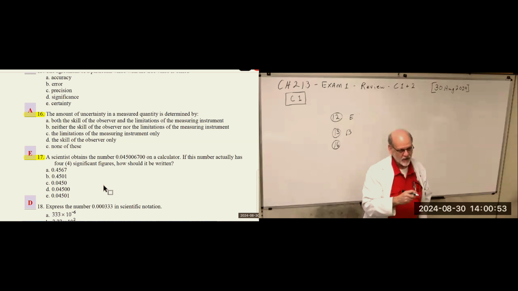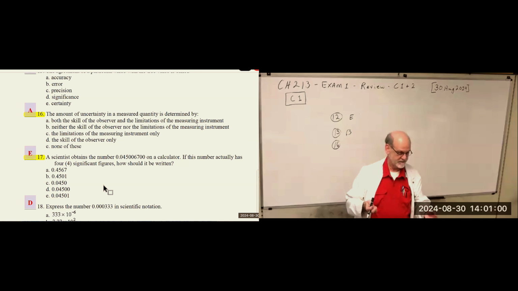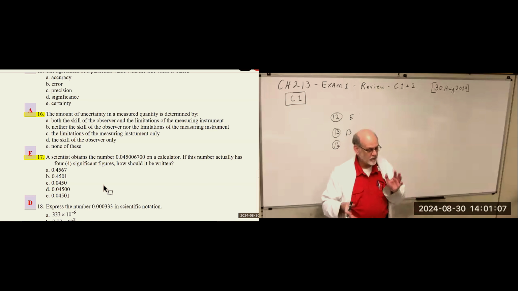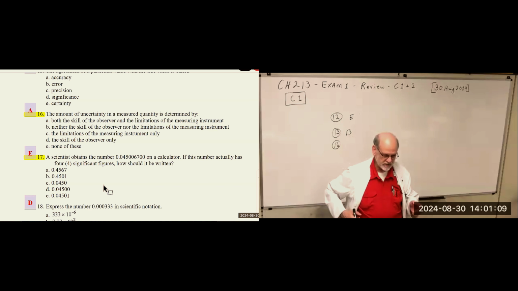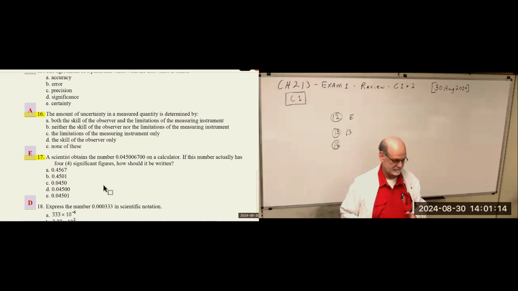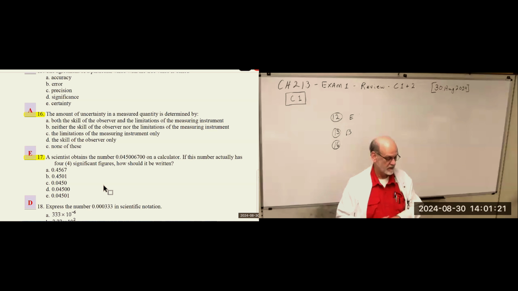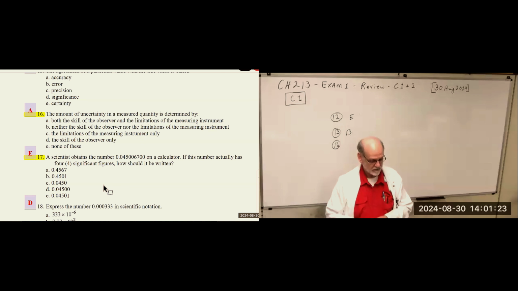So when you're making a measurement in the laboratory, you have possibility for error from the machine itself or the measuring device. Then you got possible error from the user. So both of them enter in. You want a machine that's as accurate as you can afford, and you want to know how to use it. So both the skill of the observer and the limitations of the measuring instrument play into uncertainty of that measurement.